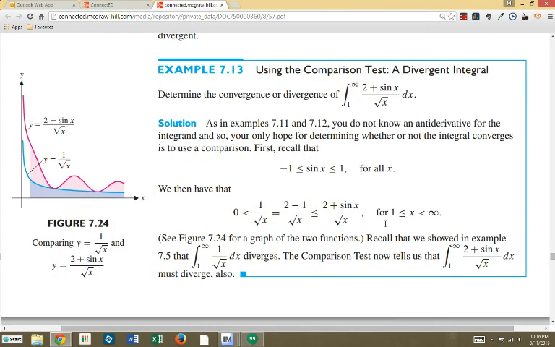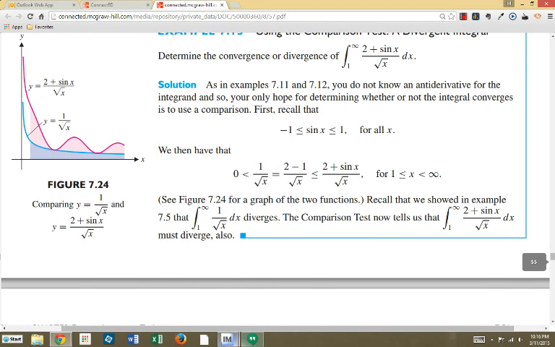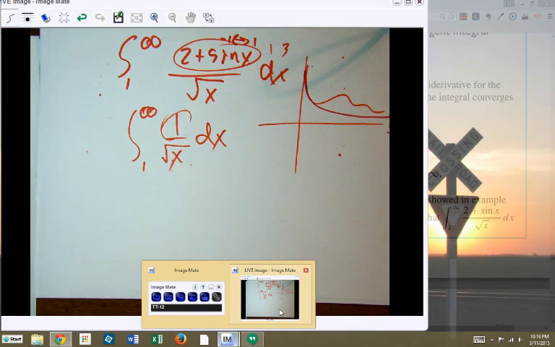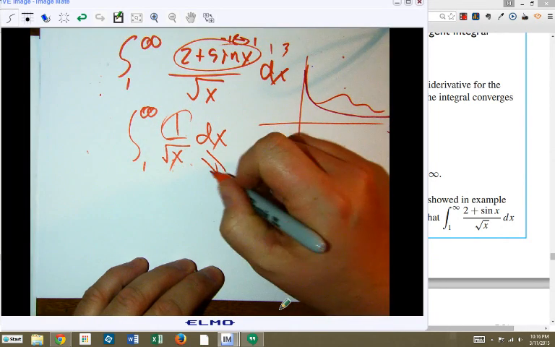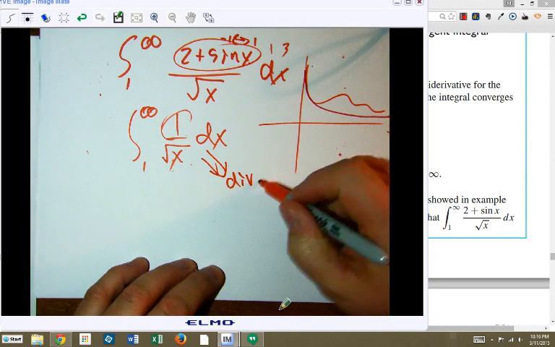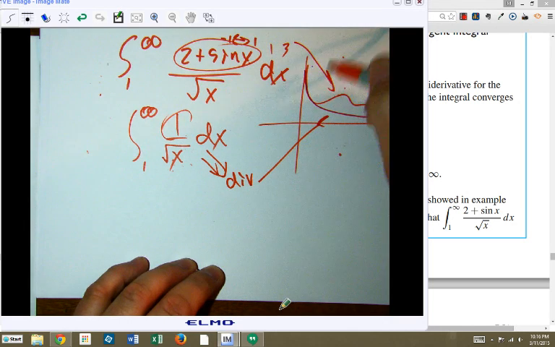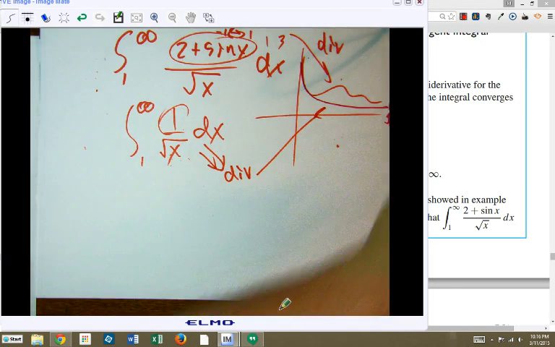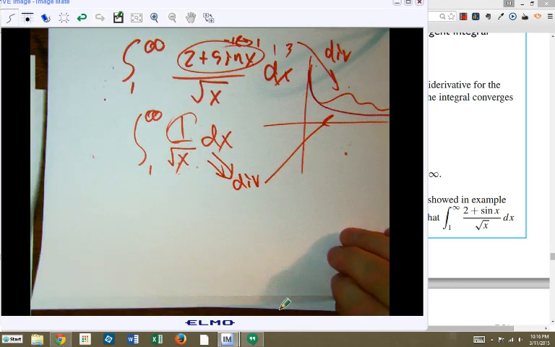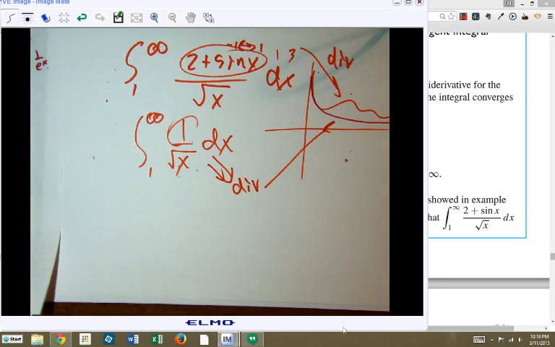In fact, what you find is that our new 1 over root x diverges, so therefore the orange graph is going to diverge. So in this case, we're going to get this to diverge, and since it's lower, this also diverges. That is the comparison test. Again, it does not give you actual values. It only tells you whether something converges or diverges.